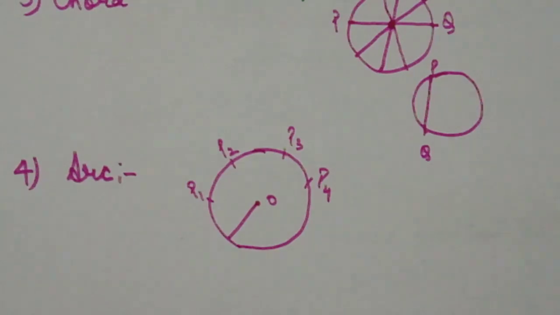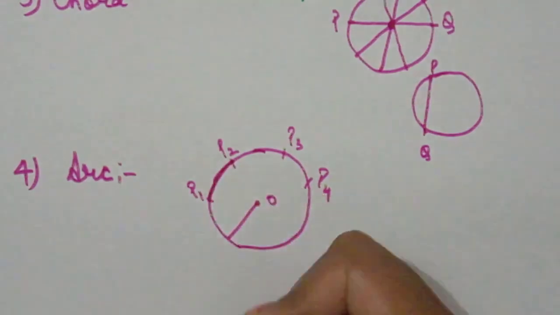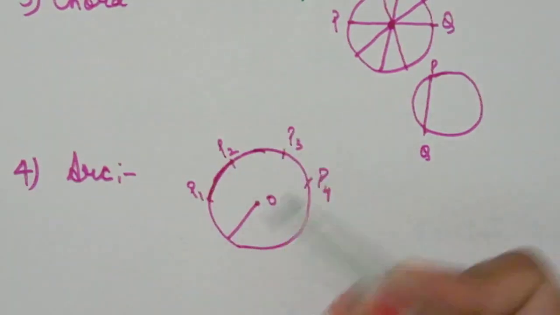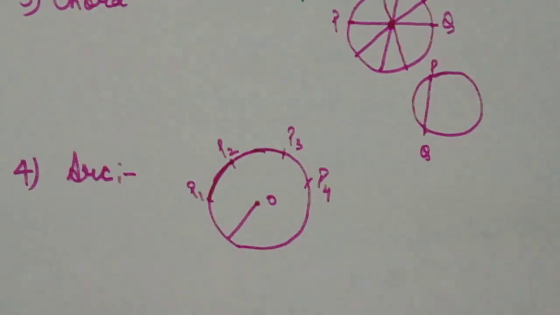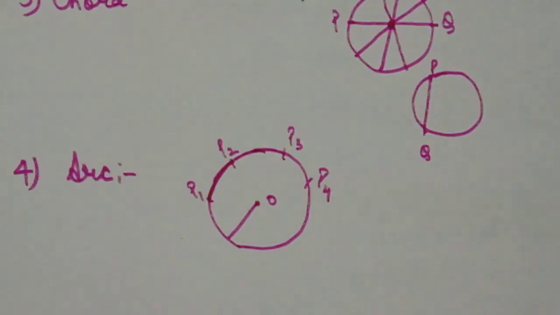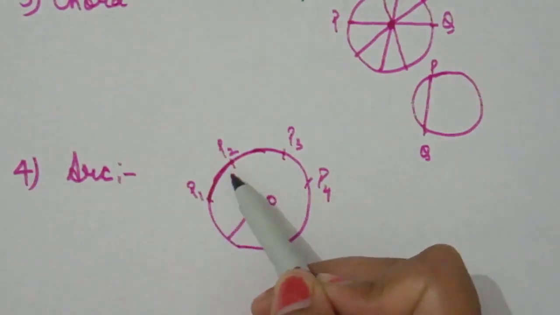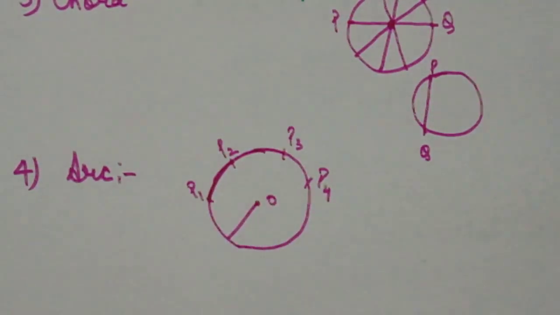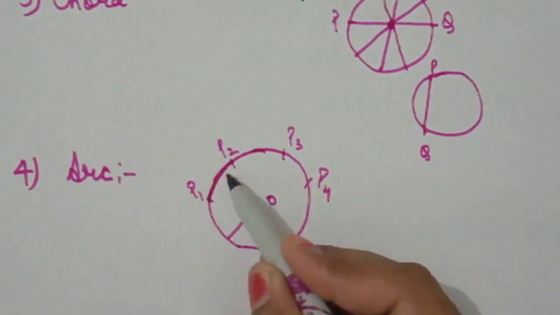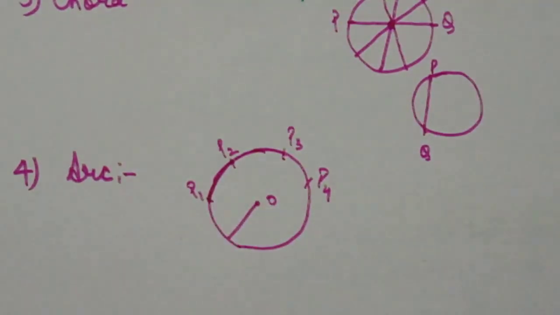Like P1P2 is an arc of the circle. P2P3 is another arc of the circle. P1P3 is also another arc of the circle. We have 2 points P1 and P2 and this is the continuous part of the circle. We call it an arc.